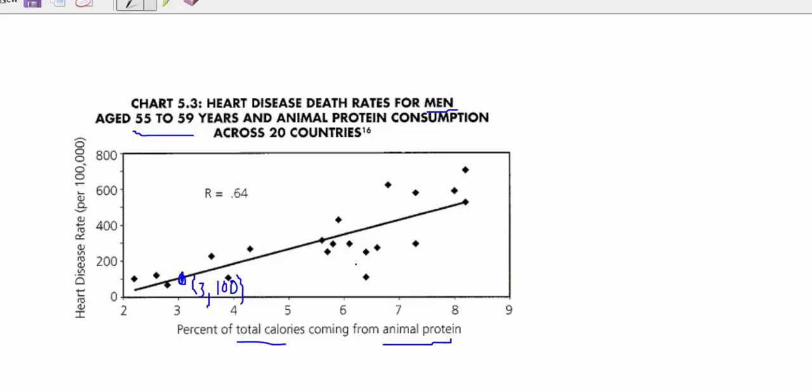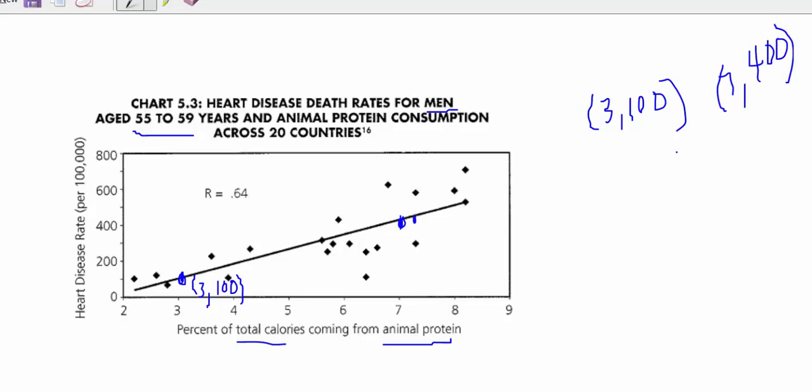Then I might have to estimate on one of these points. I could take one on the line, and let's take one that's 7 and 400. So we've got the 2 points, 3, 100 and 7, 400.